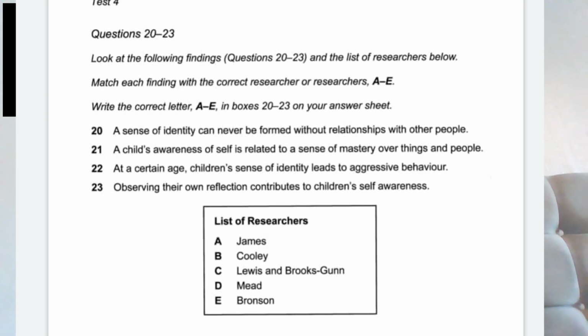A sense of identity can never be formed without relationship with others. So if you go back to what Mead has said, it is impossible to conceive of a self.